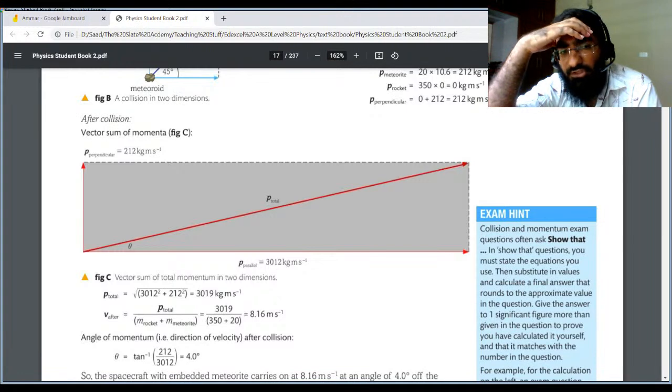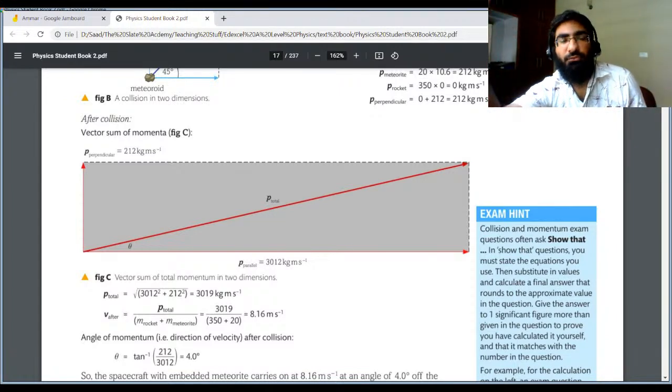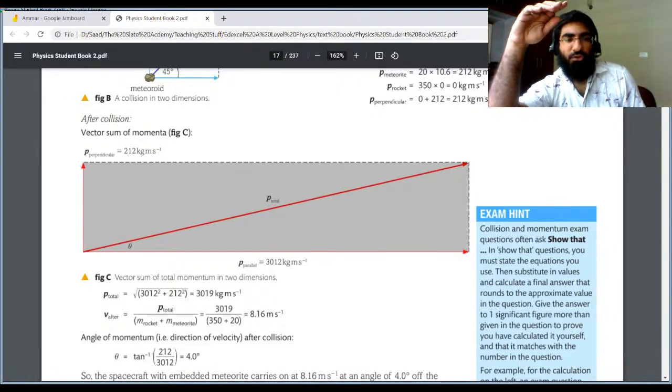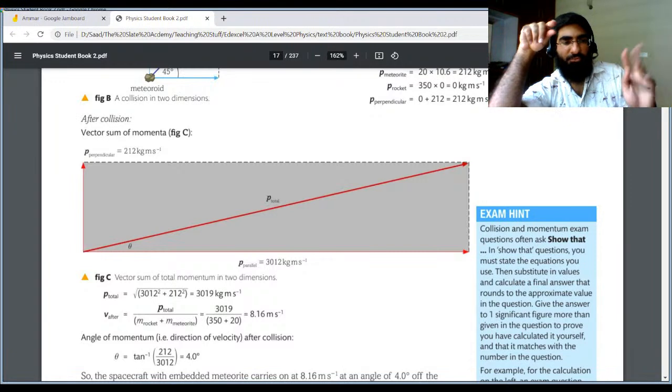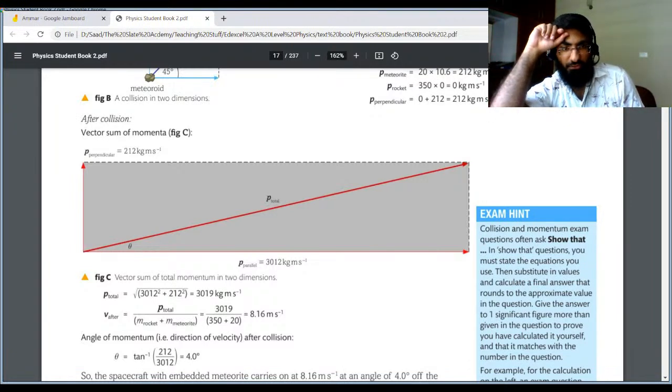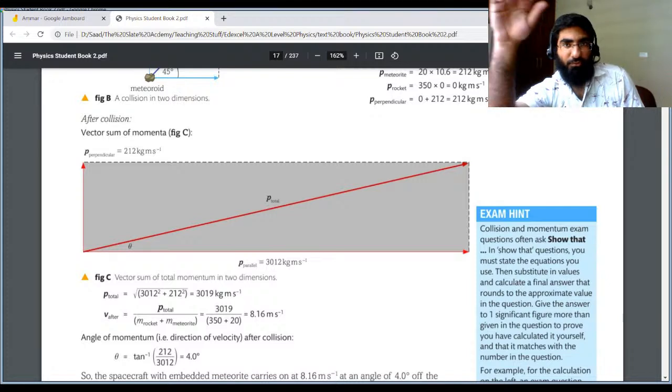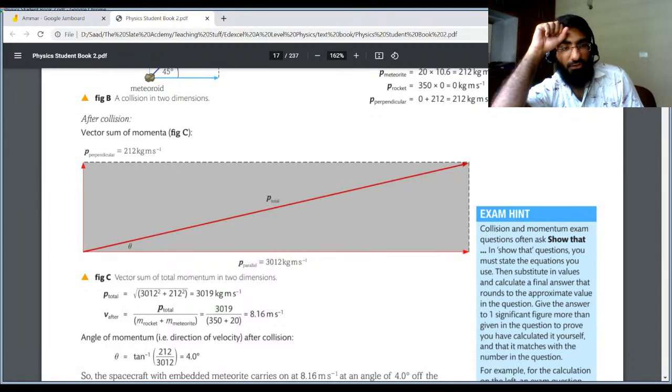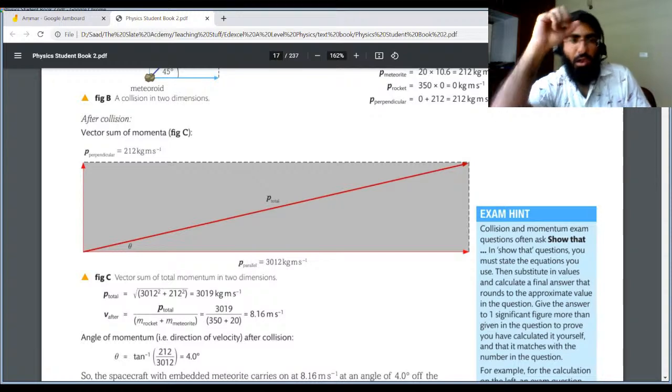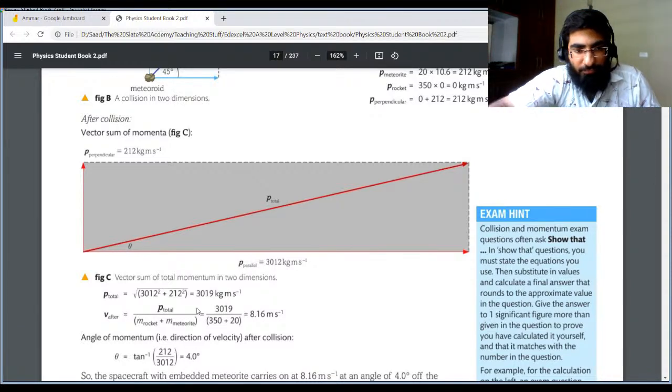You have total momentum which is equal to (m1 plus m2) times v. So we're just making P equal to mv, so v is equal to P by m. Okay.